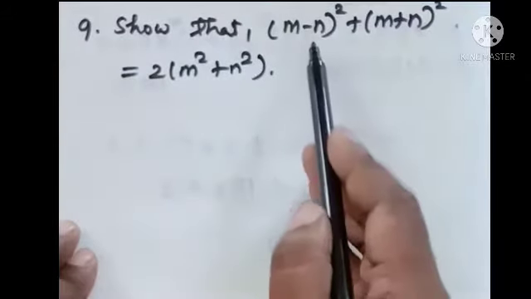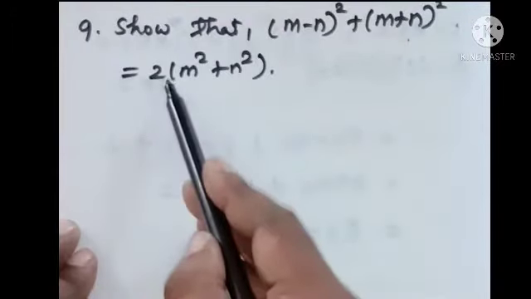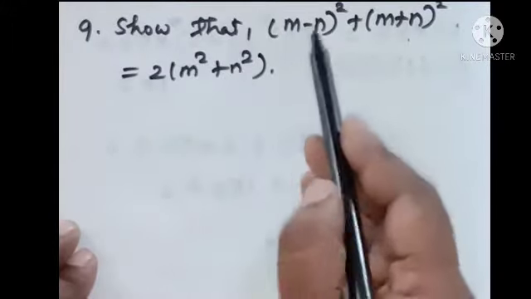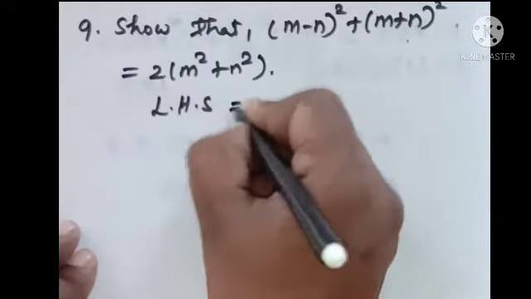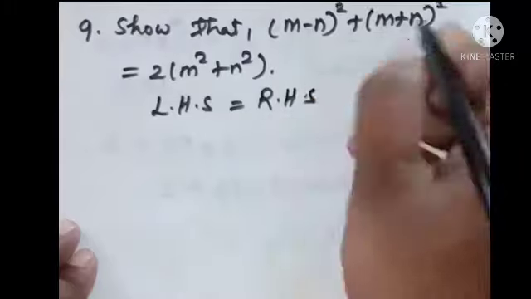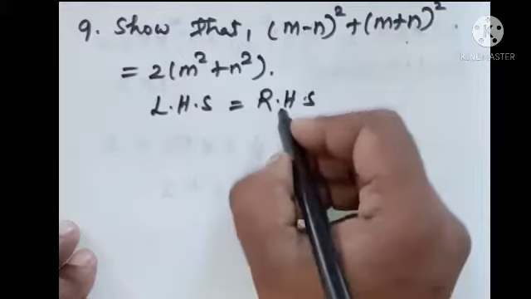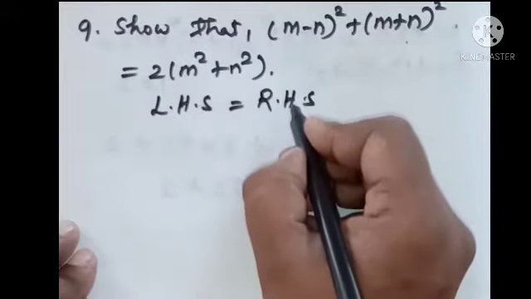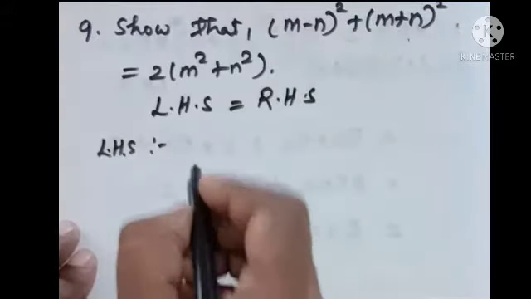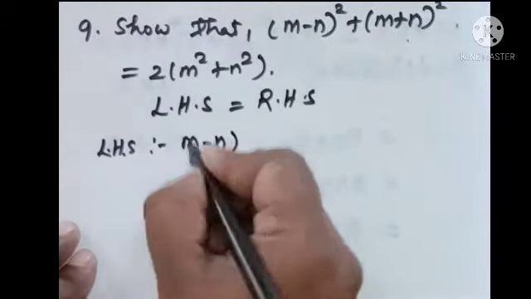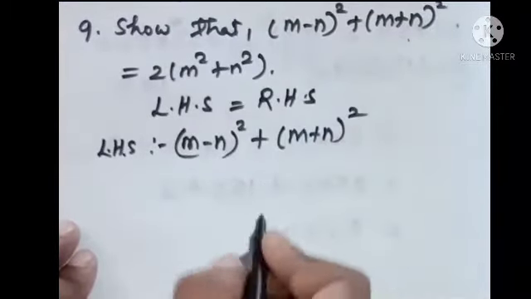Show that (m minus n) whole square plus (m plus n) whole square is equal to 2 into (m square plus n square). So children, here we have to show left hand side is equal to right hand side, that is, the expression in the left hand side equals the expression in the right hand side. First take the left hand side expression, (m minus n) whole square plus (m plus n) whole square.